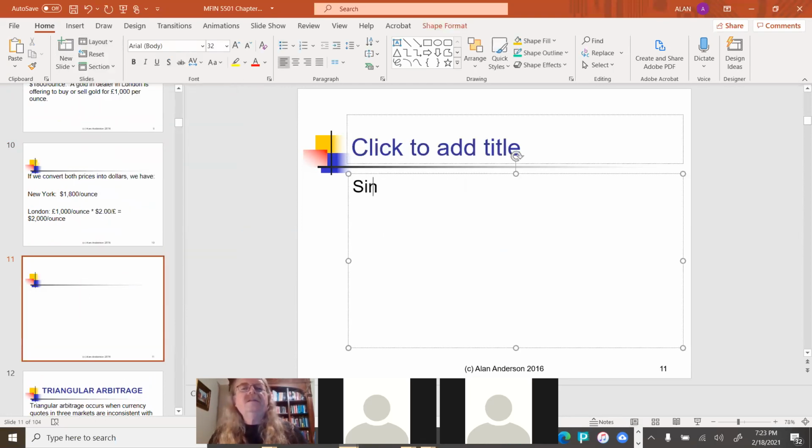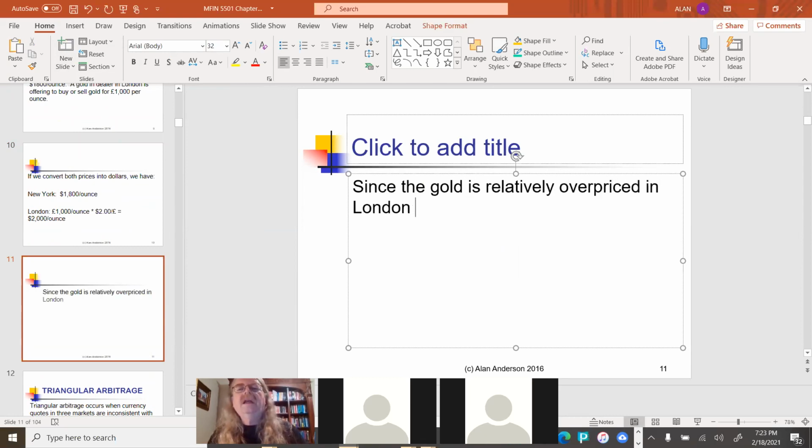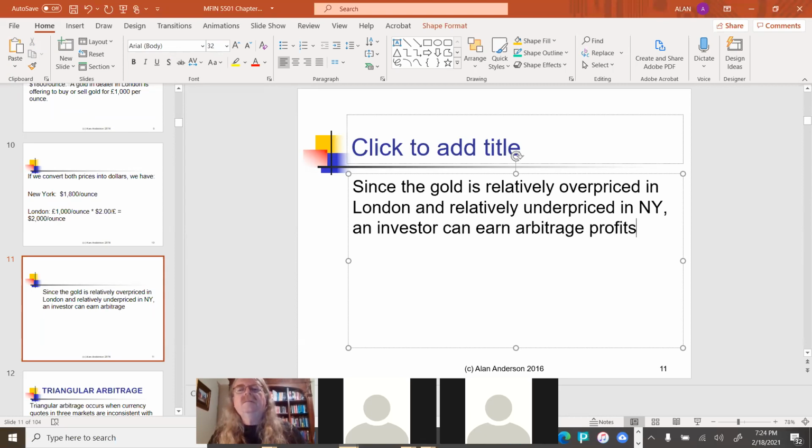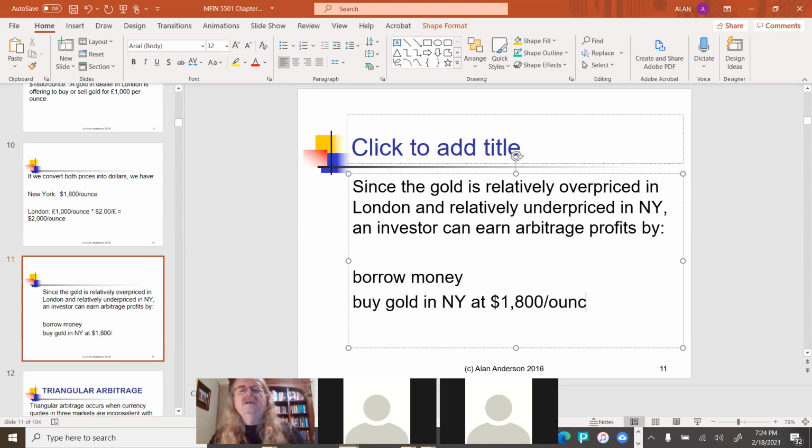So in other words, since the gold is relatively overpriced in London and relatively underpriced in New York, an investor can earn arbitrage profits by, first of all, you borrow money, buy gold in New York at 1,800 per ounce, sell the gold you just bought in London at $2,000 an ounce.